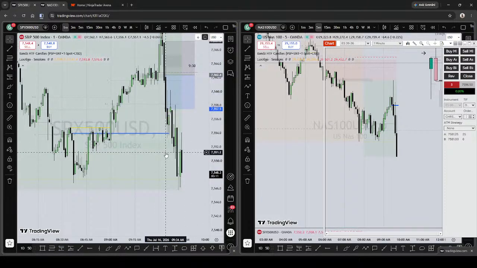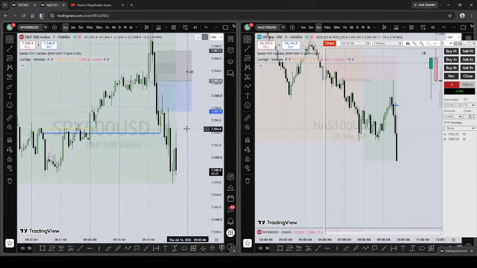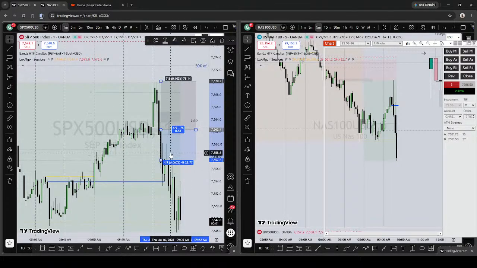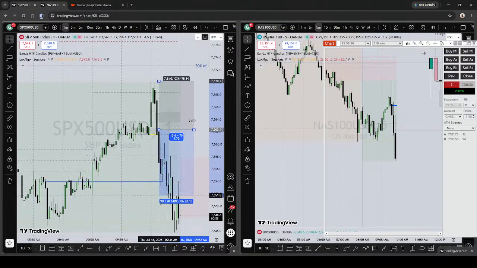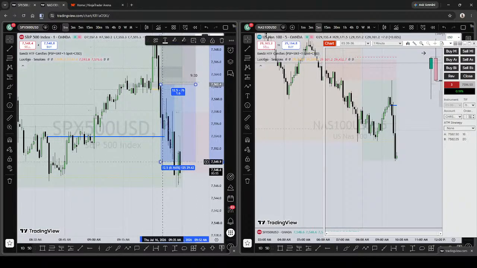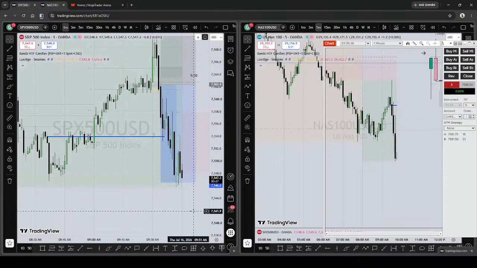Oh, NQ is falling like crazy. ES on the other hand is holding up. Like I said, NQ was the weaker one pre-market. So my entry was here, stops at this high, and then 2R for my trading pattern would be somewhere here, right?